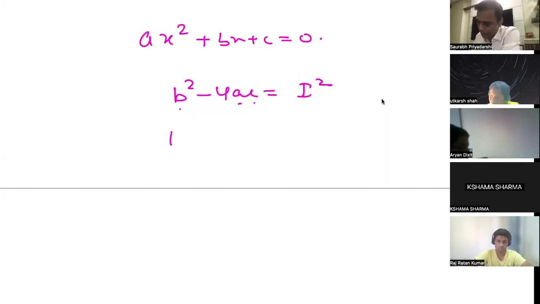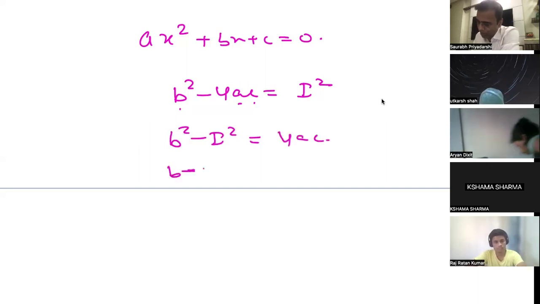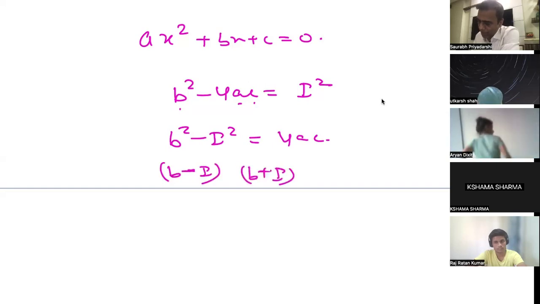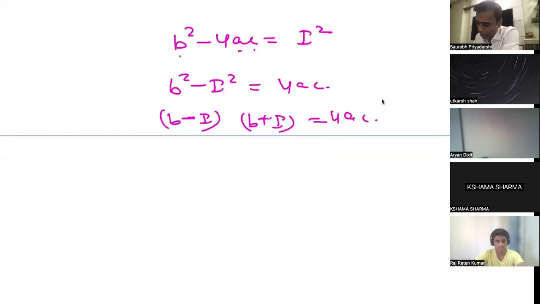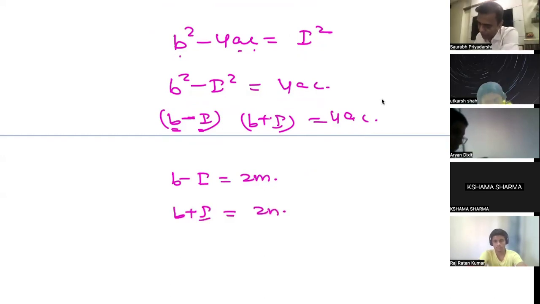So b square minus r square is equal to 4ac. This is b minus r into b plus r is equal to 4ac. Since b is odd and r is odd, b minus r will be 2m and b plus r will be 2n, right? So I can put 4mn is equal to 4ac. 4 cancels out, so mn is equal to ac.